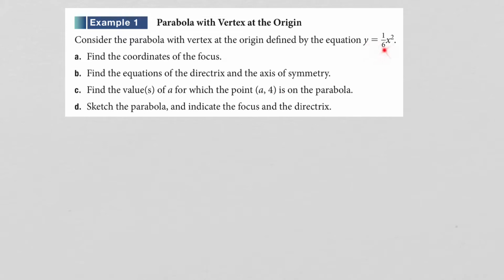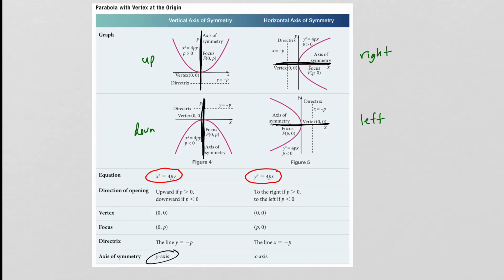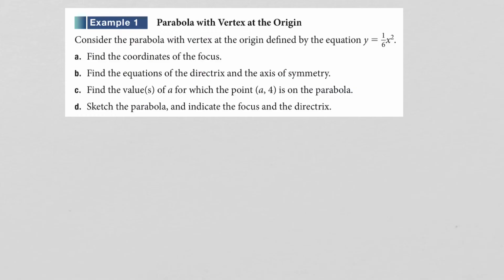First thing you need to determine is what type of equation we are looking at. Let's remember that there are two possibilities here. The equation can either be x squared equals 4py, or it could be y squared equals 4px. So which one do we have? Well, our equation has an x squared in it.